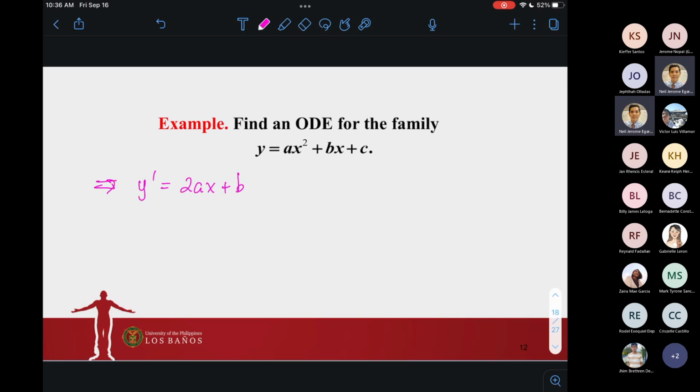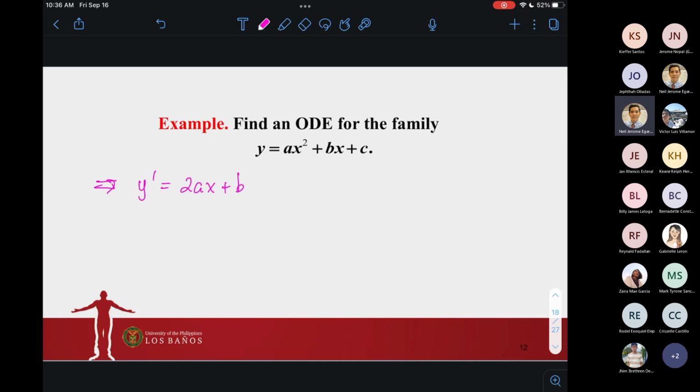And understandably, there will still be some parameters left. Isa pa lang yung natanggal natin na parameter, si c pa lang. Kasi tatlo yung parameters, so hindi talaga sufficient na isang beses lang tayo mag-differentiate. Or it might not be sufficient to differentiate only once. So kailangang i-maximize natin. Hanggang 3 beses tayo mag-differentiate and hopefully along the way, maubos yung parameters.